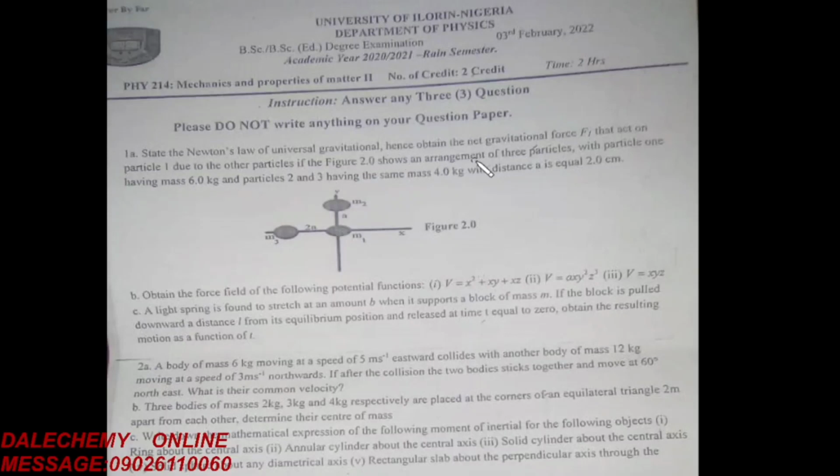Hence, obtain the net gravitational force that acts on particle 1 due to the other particles in Figure 2. The figure shows an arrangement of 3 particles, with particle 1 having mass 6.0 kg, and particles 2 and 3 having the same mass, 4 kg, with distance A equal to 2 centimeter.